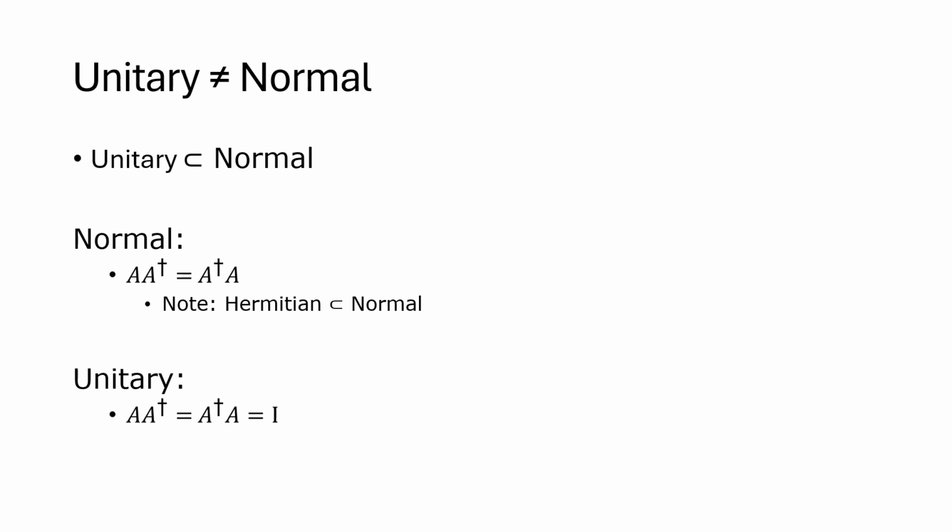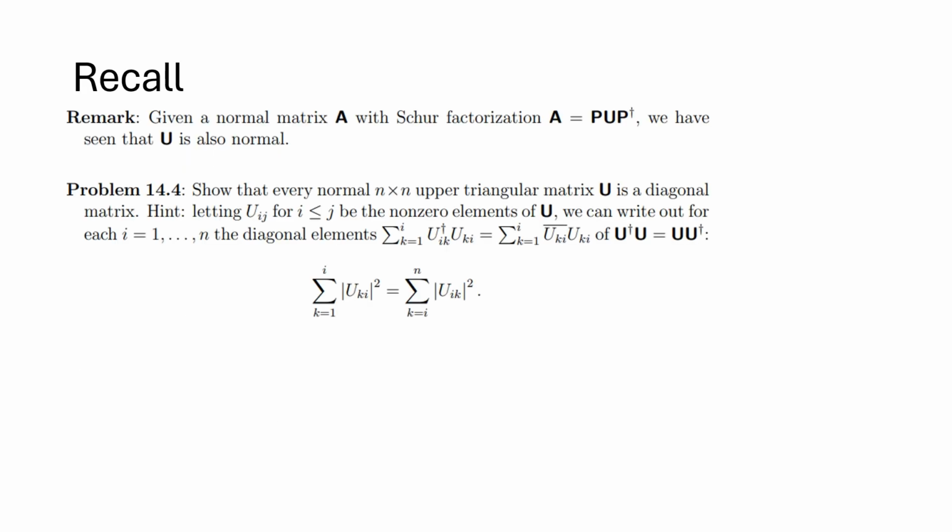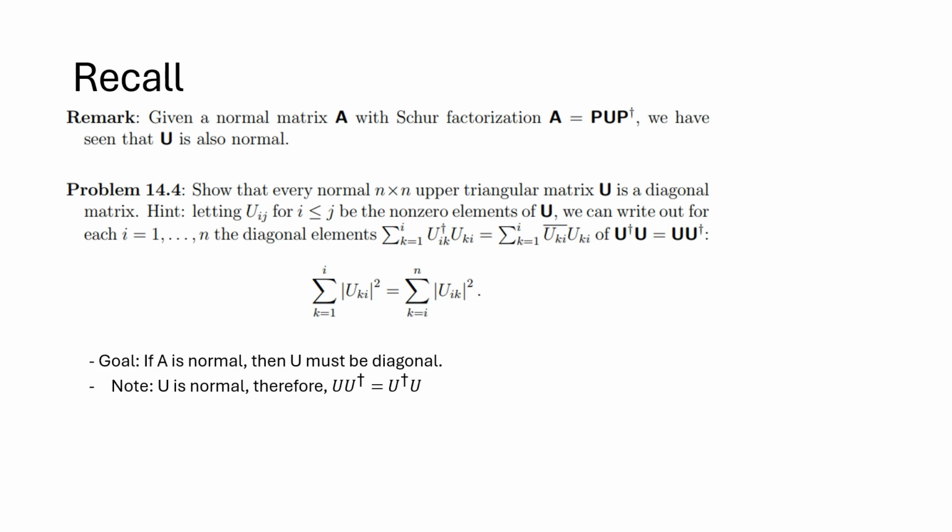Now that we have looked into this, we can try formulating a solution for this. So what I first realized was that if A is normal, then U must be diagonal, right? Because in the question, we're told that the matrix is normal, and our goal is to show that U must be diagonal.